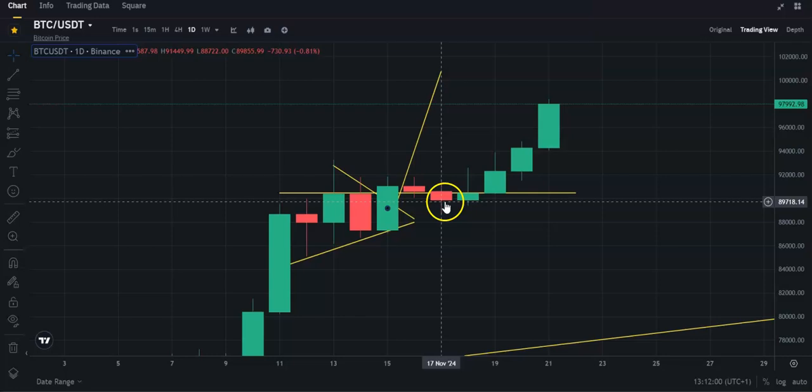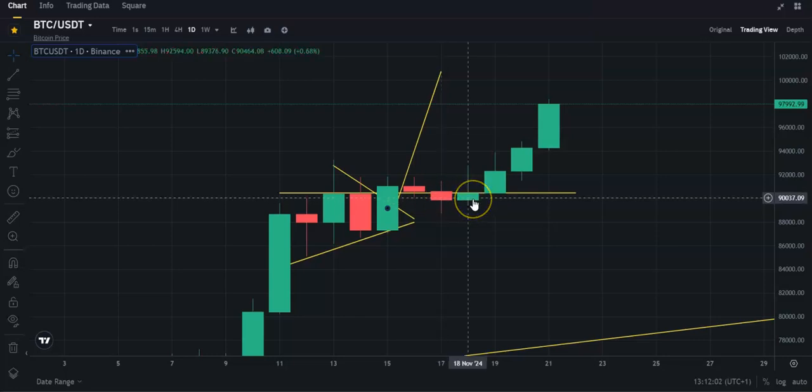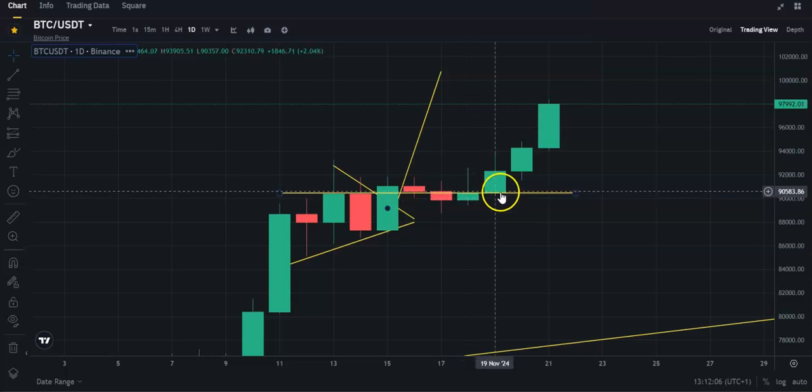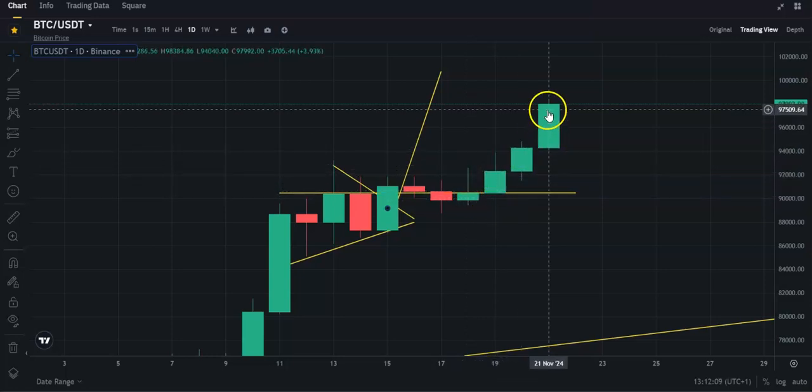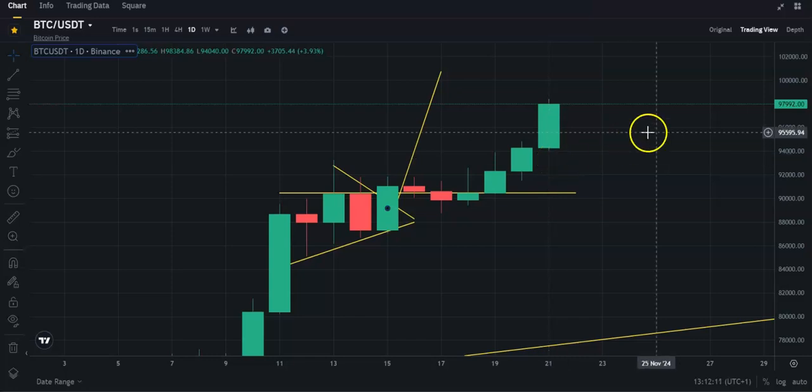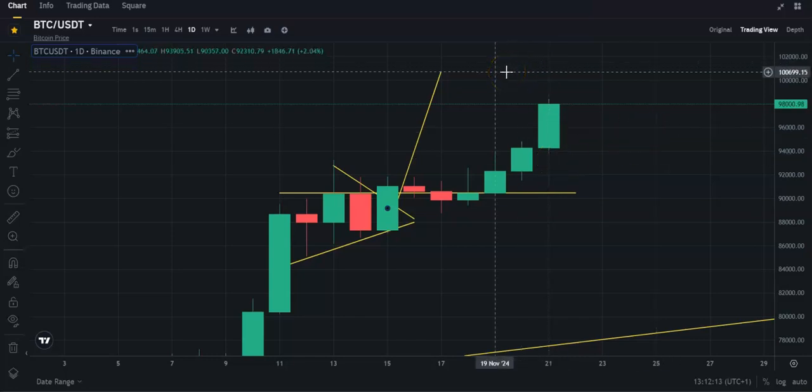Now on the weekend we did have some red candles, but on Monday we managed to have another green candle, and Tuesday we broke above, and we've only seen massive green candles since then, guys. So I do believe we're going to meet this $100,700 target very shortly.